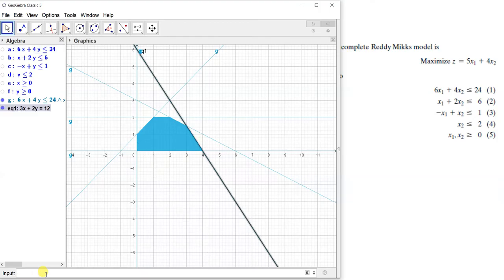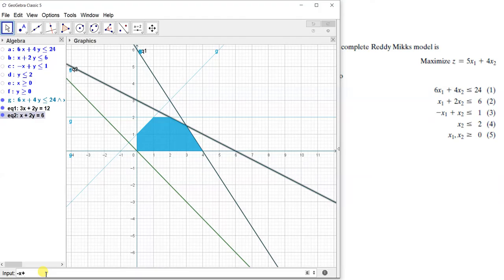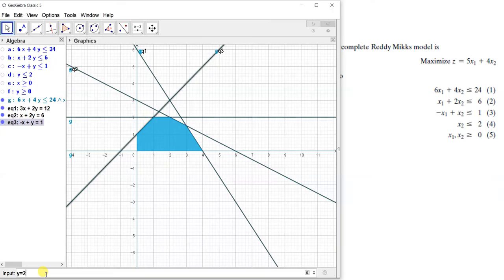The second equation is x plus 2y equals 6. The third equation is negative x plus y equals 1. And the fourth equation is y equals 2.